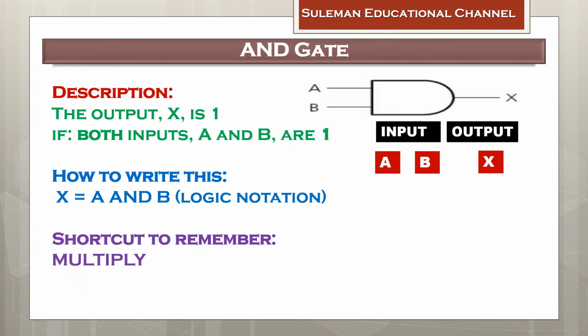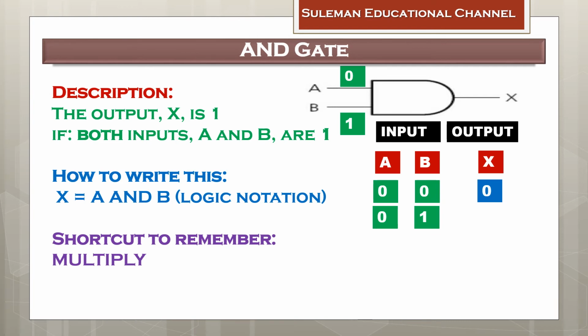If A is equal to 0, B is 0, then X will be 0 because 0 into 0 equal to 0. If A equal to 0 and B is 1, then again X will be 0 because 0 into 1 equal to 0.